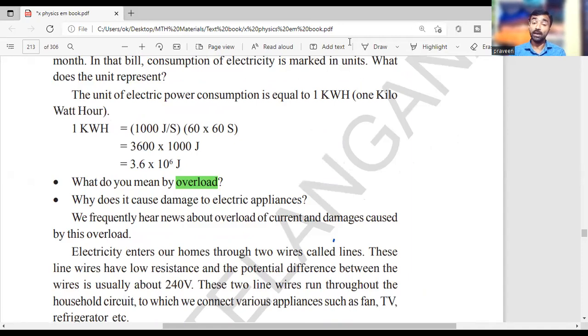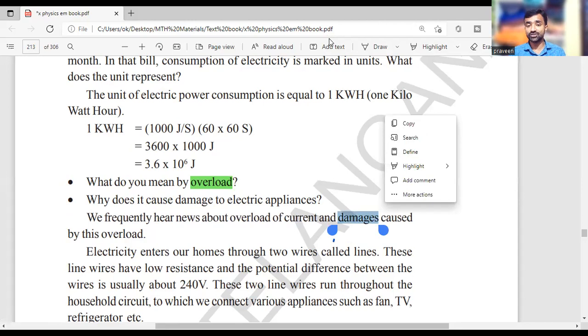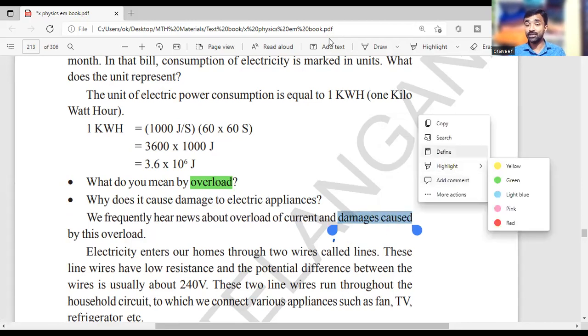If it is working beyond its limit, what happens? That extra burden is called overload here. So overload of current causes damage to the electrical appliances.